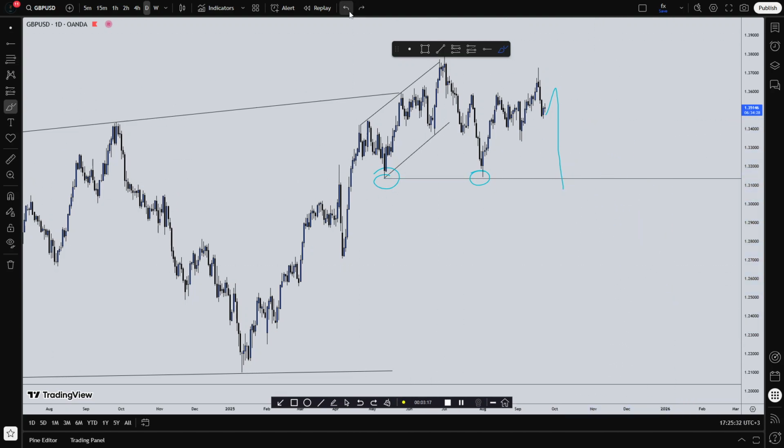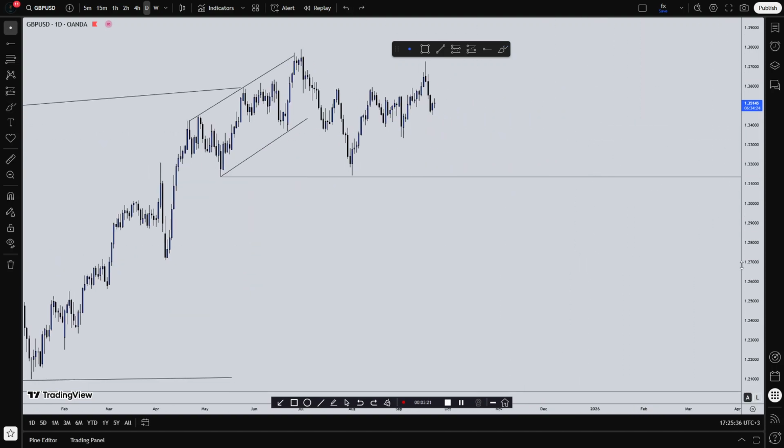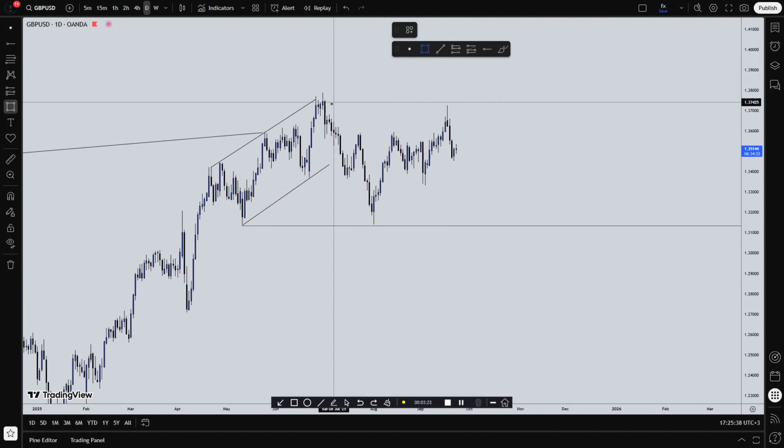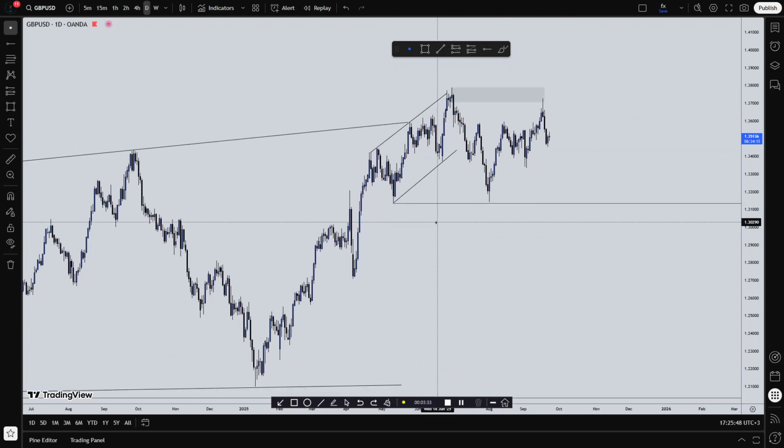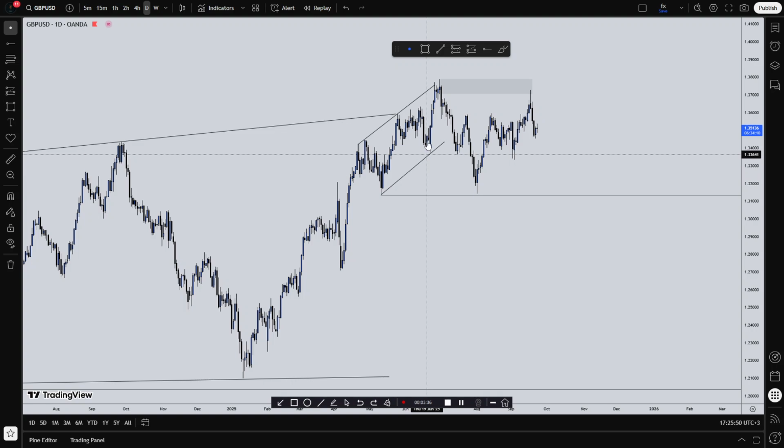Okay, so coming up with our entries, our first entry would have been all the way to the topmost order block over here. If you are analyzing with this type of pattern, our first entry could have been at the top.